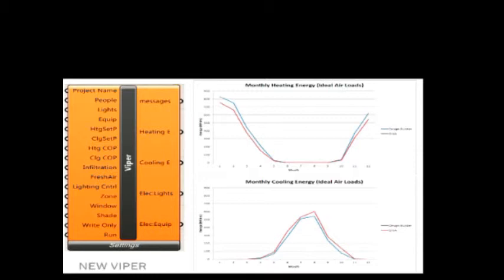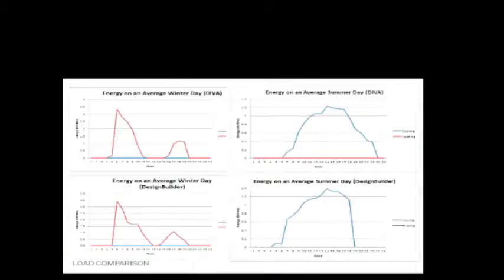And I think John Sargent actually helped Chris Mackey with this calibration process. And we can see within a reasonable amount of error, they are pretty close to what Design Builder is producing as output and Viper is. And this gives us a level of confidence to use these tools now.